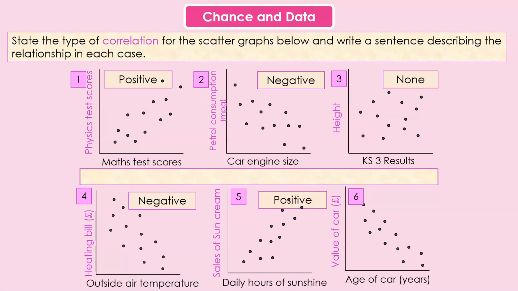More sunshine, more sunscreen, so positive. And number 6, the age of the car and the value of the car. The older the car, the lower the price, so negative. So well done if you got all 6 right. If not, go back and see if you can use your reasoning to predict that.